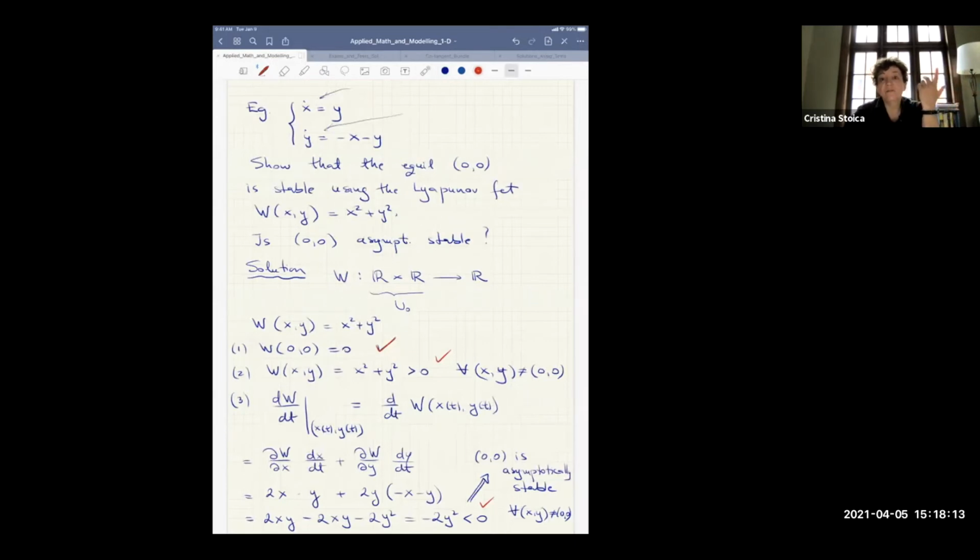The question is, what do you do when you don't have W? Well, kind of guess it, okay? But that requires certain skill. Usually W is chosen in relation to the energy in the system, because the energy either stays constant, in which case we can say that we have a stable equilibrium by this criterion, or decreases because the energy dissipates usually.